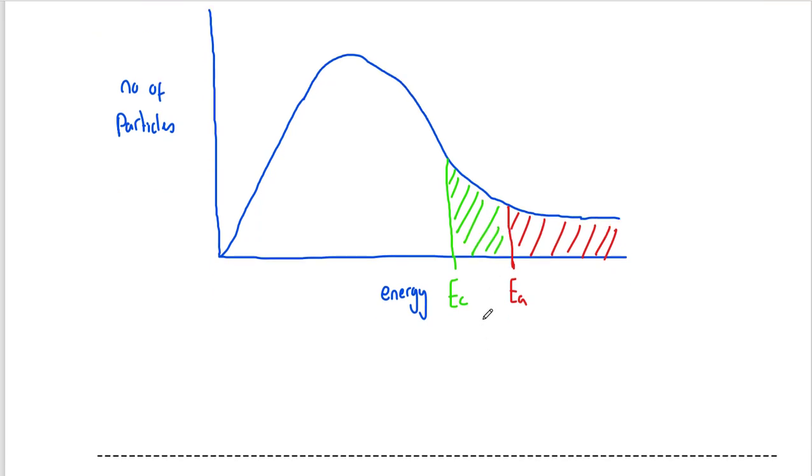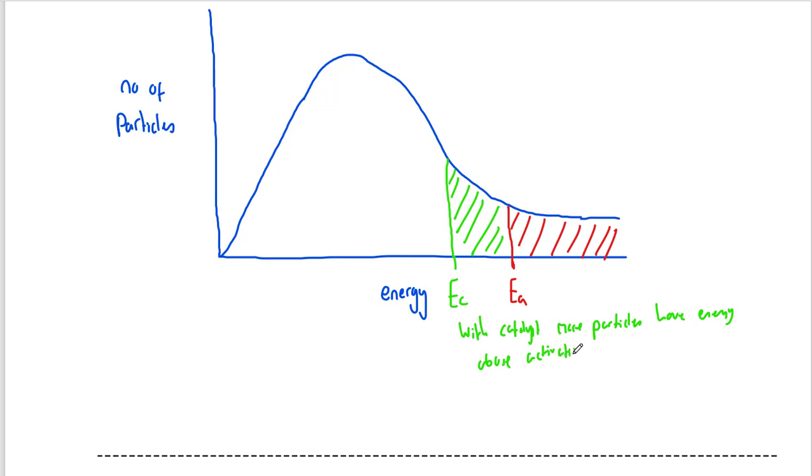So then all you write underneath is, with catalyst, more particles or more molecules, whatever, have energy above activation.